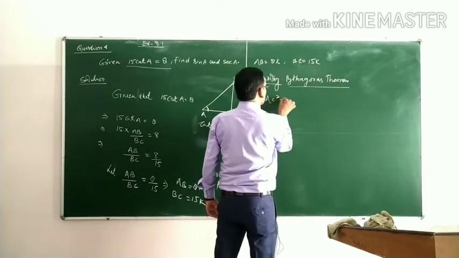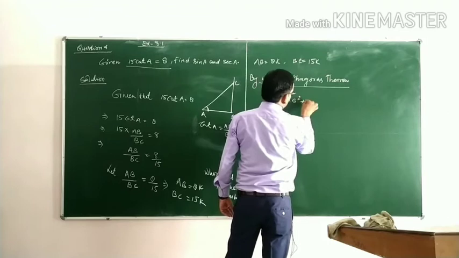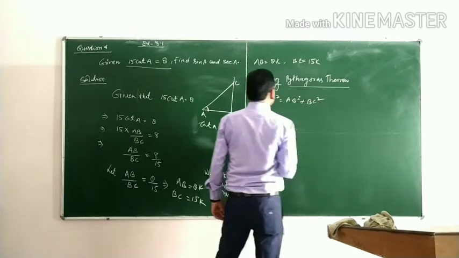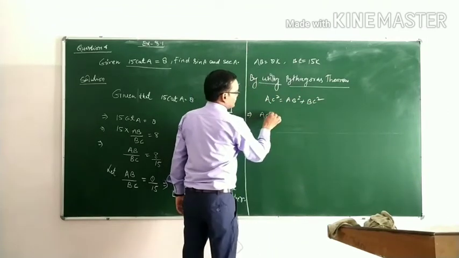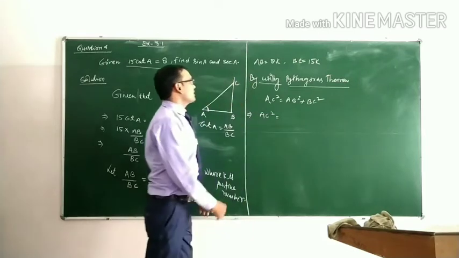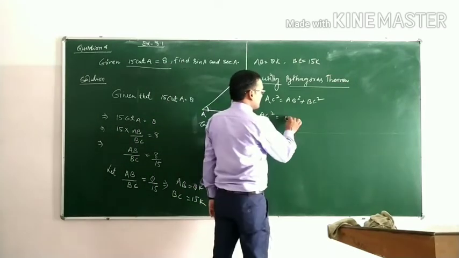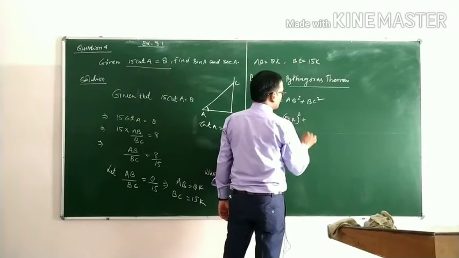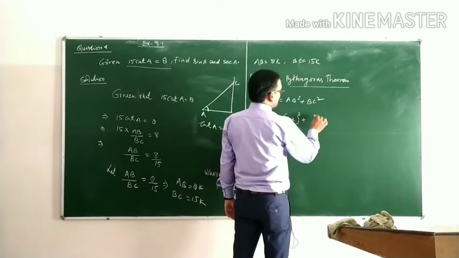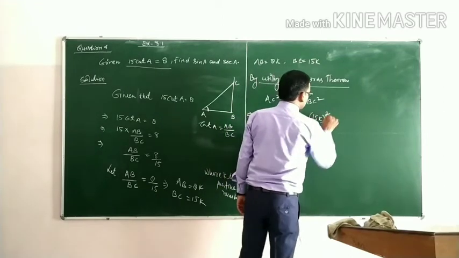AC square equal to AB square plus BC square. This is, AC square equal to the value of AB, 8K square, plus BC, 15K square.